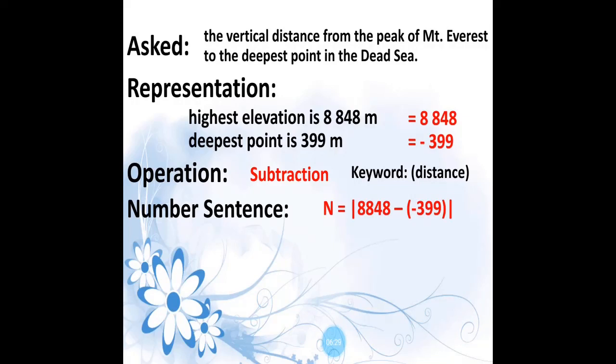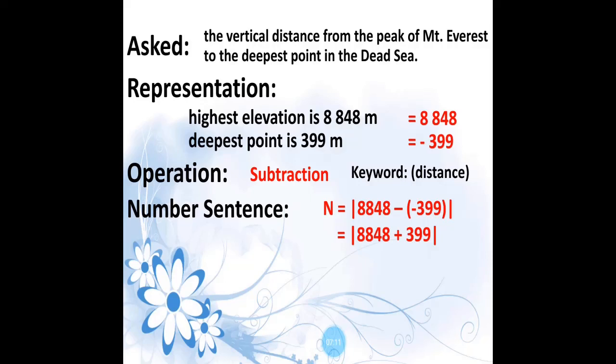Next, number sentence. Because we are talking about distance, we're going to have the absolute value. So n is equal to the difference of 8,848 and negative 399. Then we are going to get its absolute value. So that would be 8,848 plus, following the rule in subtracting integers, plus 399.